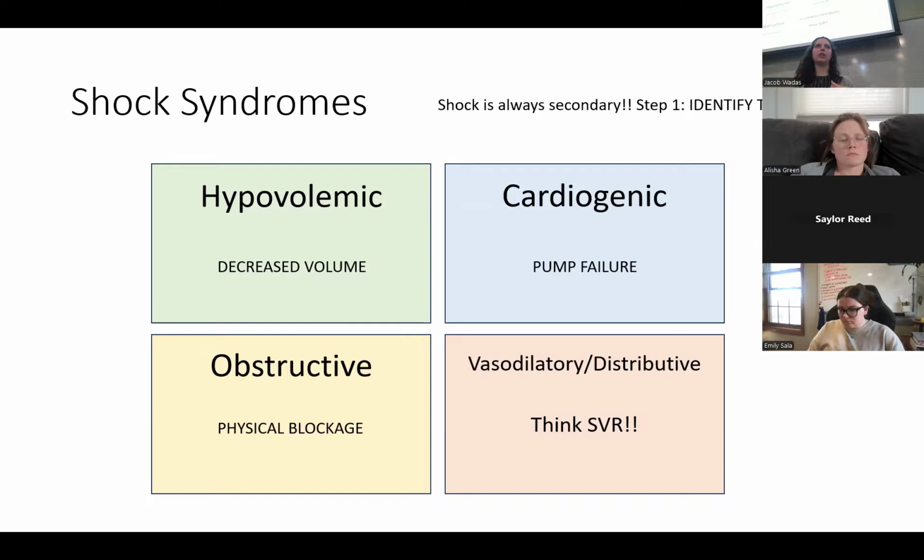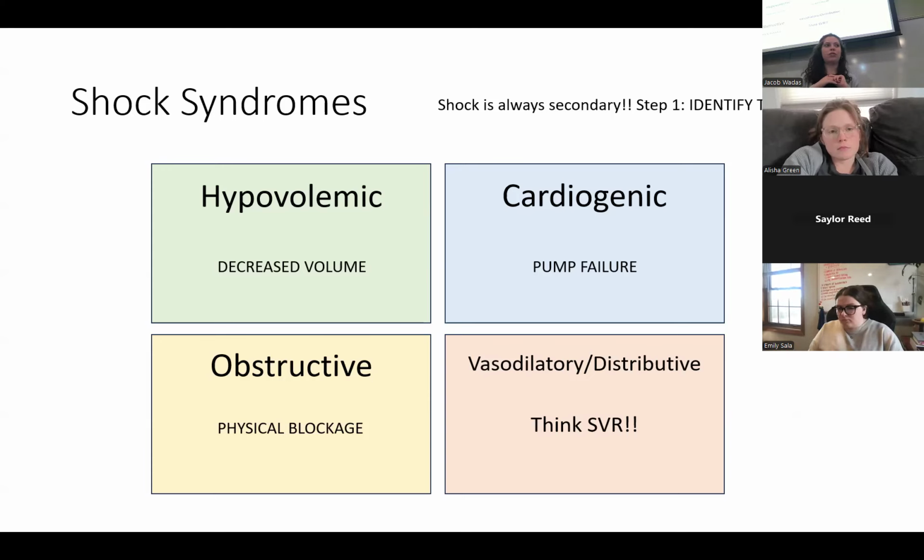It's always secondary to another condition, whether it's initially occurring in the heart or something extra happening in the extracellular compartments, right? But it's always secondary. So the first thing that we want to do, to break down an algorithm, which I'm going to show you guys later, and I know these algorithms can be scary at first when we're looking at them, is break it down into steps on how you would approach a case.